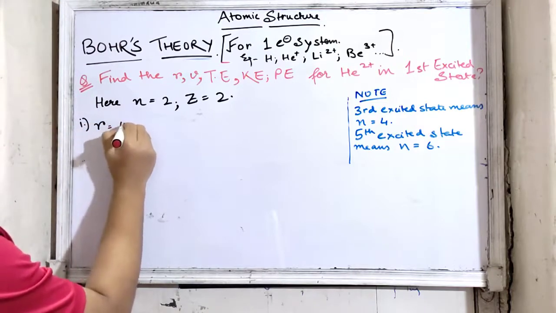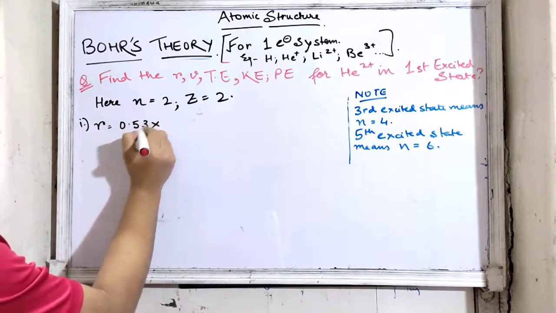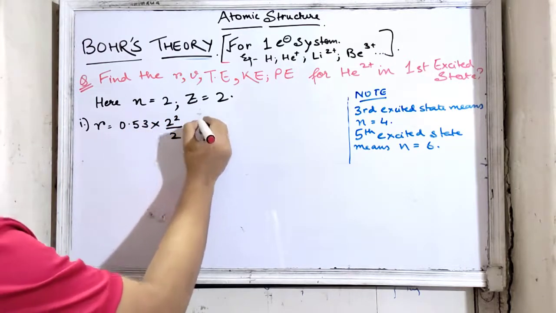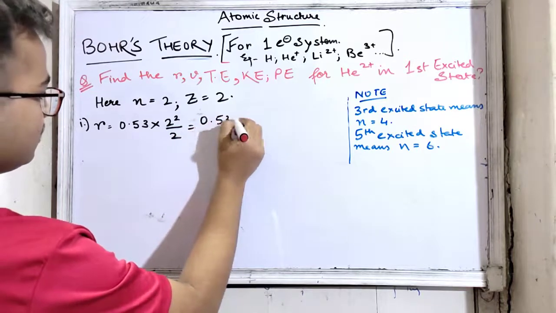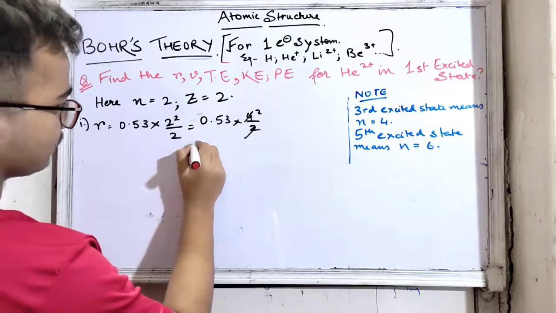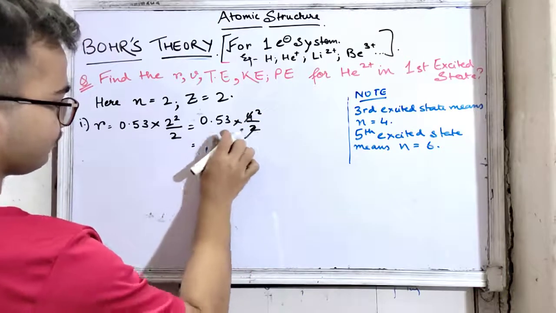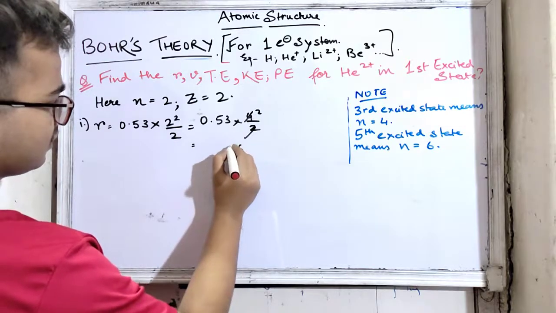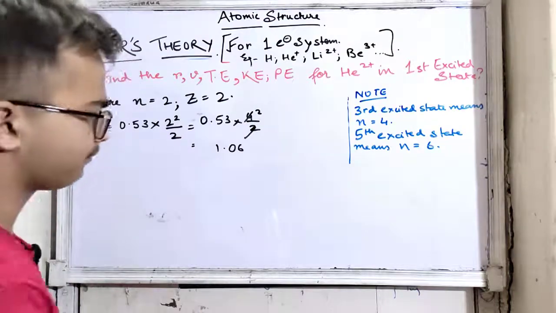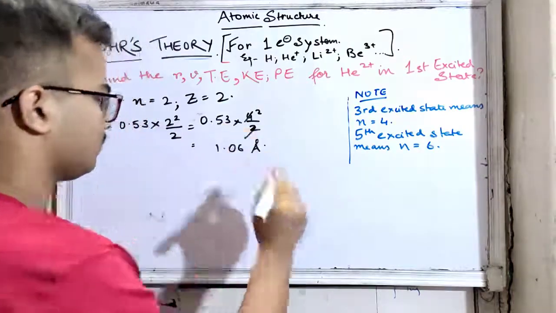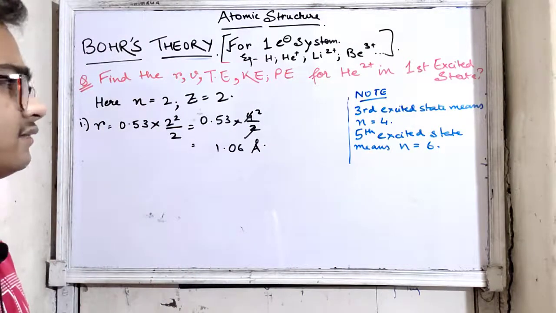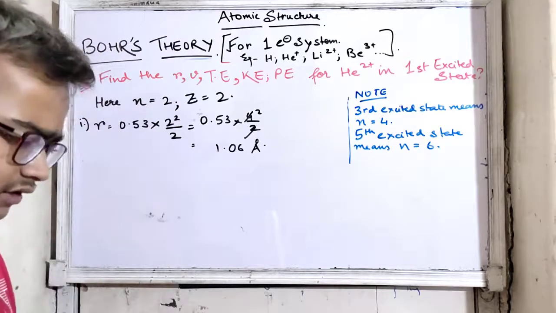We know r equal to 0.53 into n square by Z, which is 2 square by 2, equal to 0.53 into 4 by 2. So 2 and 4 get cancelled, so it comes, I'm sorry, this will be 1.06. So this will be in angstrom. Okay, done. So this was about finding the radius of the orbit or the shell.